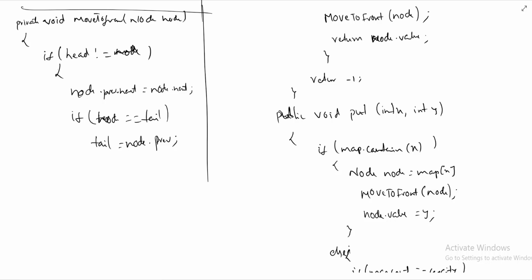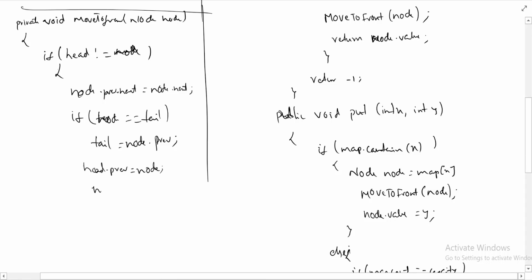I think that's it. We remove the node and we need to move that node to the front, so the head thing is there, right? So head dot previous is equal to that node, and head equal to node.